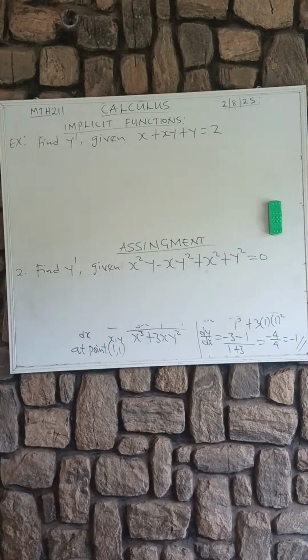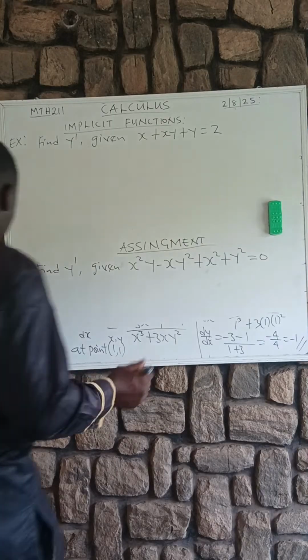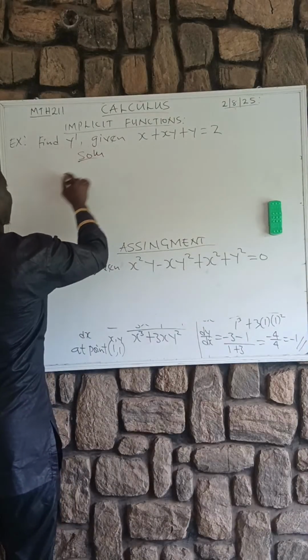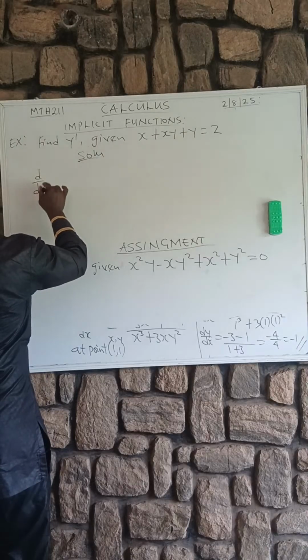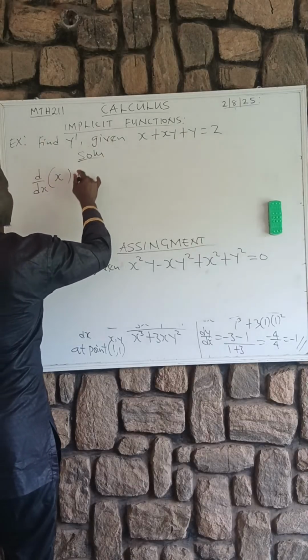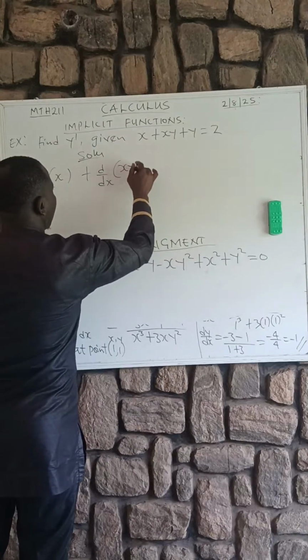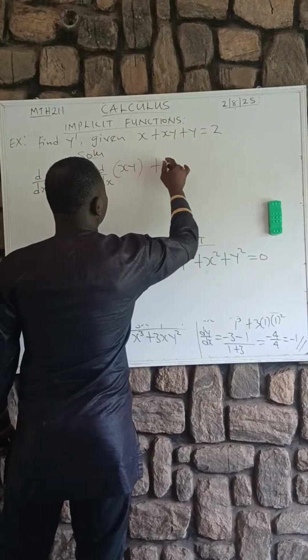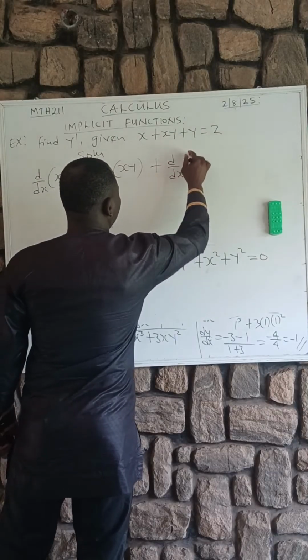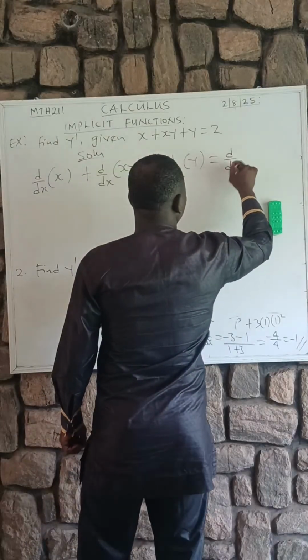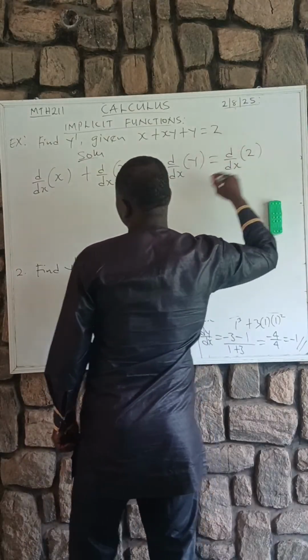Let's do this last example. Please, let's do it and take note of what we have done today. It's very important. Okay, solution: d over dx of x plus d over dx of xy plus d over dx of y equals d over dx of 2.